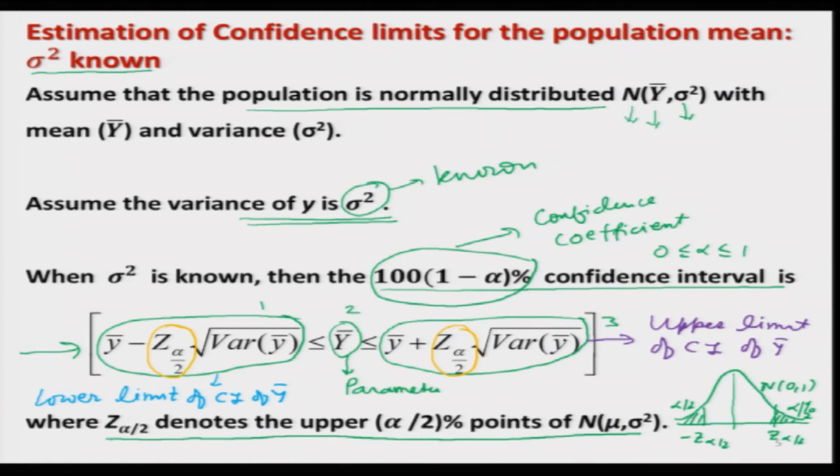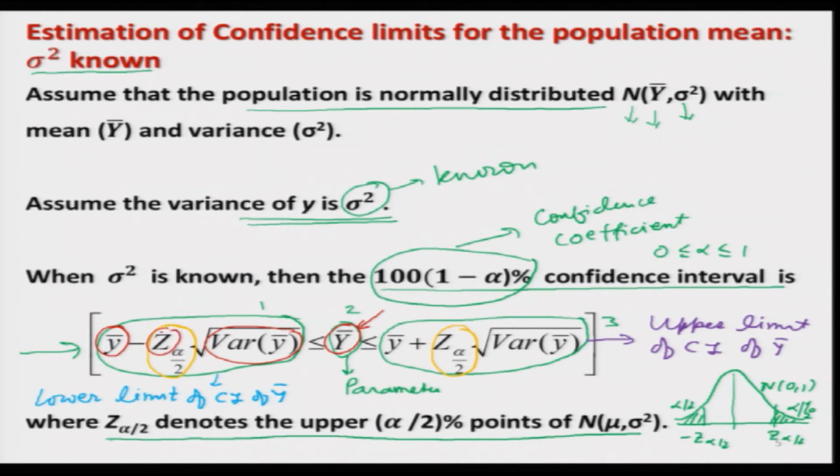Now, if you look at the interpretation of this confidence interval, this capital Y bar is unknown to us. We draw a sample. On the basis of the sample, we compute the values of small y bar and variance of y bar, and we obtain the value of z from the table.